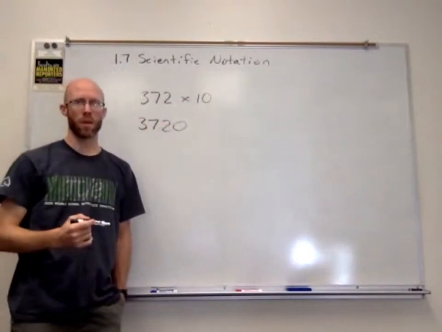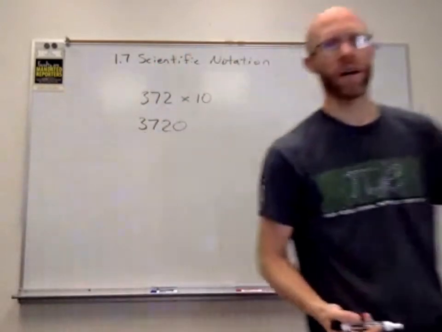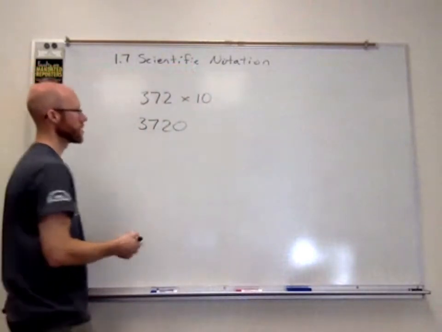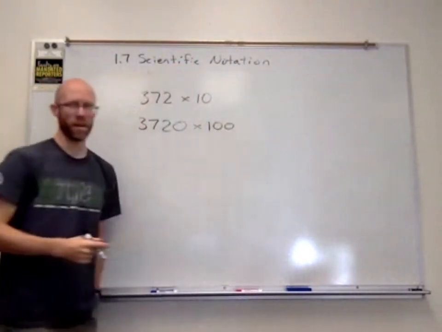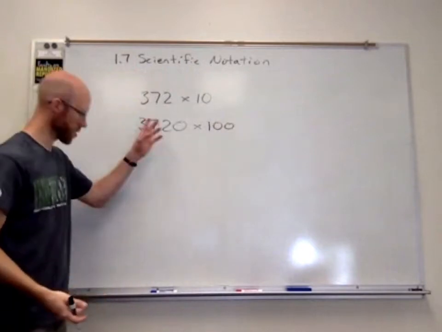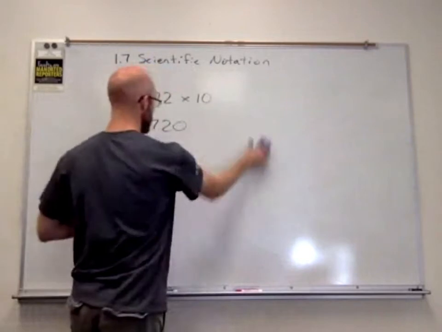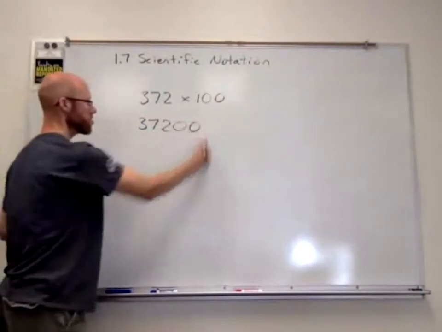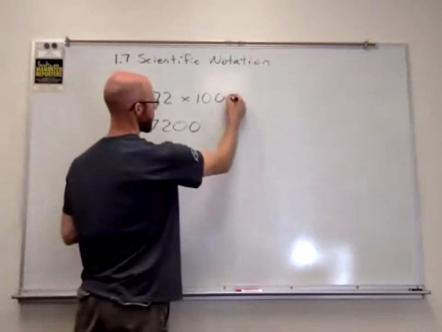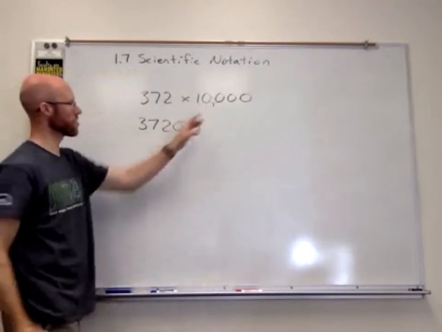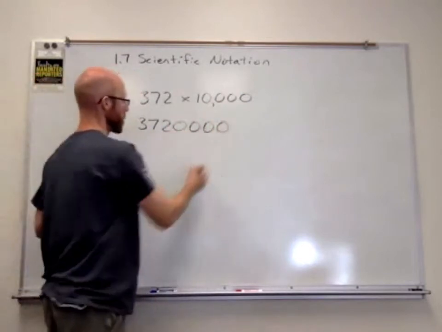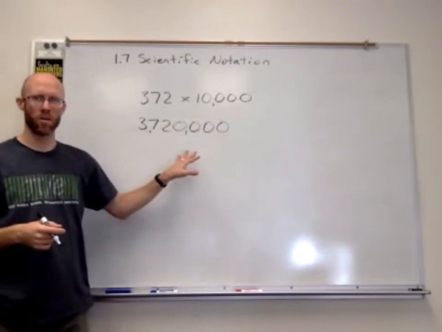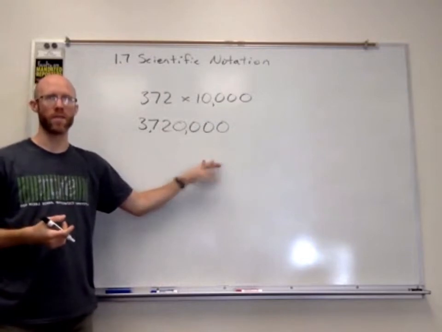If I were to multiply by a different power of 10, like 100, then I add 2 zeros to the end. And if I multiply by 10,000, that's 4 zeros tacked on. So the number of zeros in that power of 10 is the number of zeros tacked on at the end of the number.